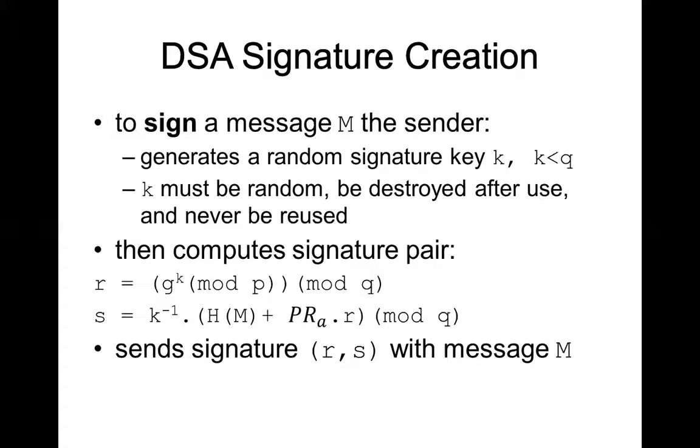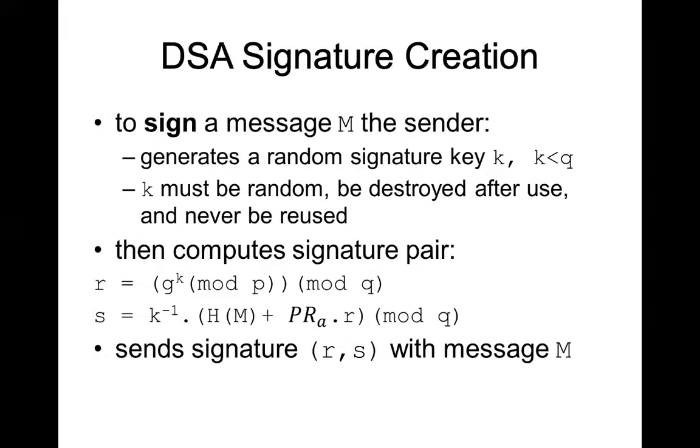Only requirement is that it is less than this parameter q, and it's never to be reused. Okay, so you will see that there are problems if you reuse it. In fact, I want you to work that out, of course, after telling you all of the details.